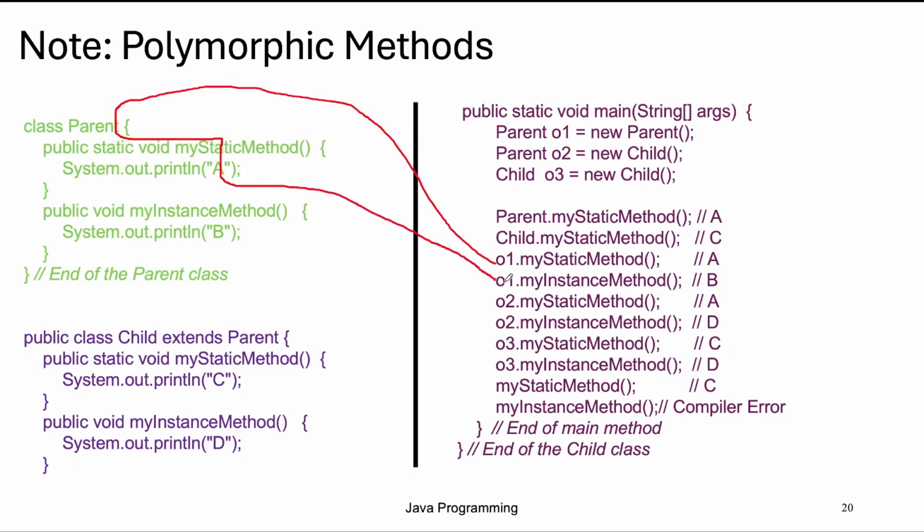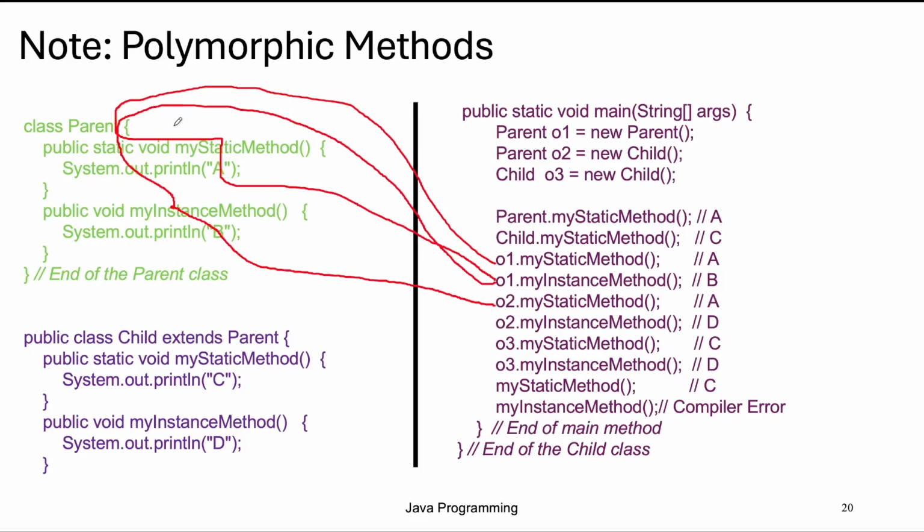Now it is object 1 dot my instance method. So you go into the parent, use my instance method, print B, and then come to the object 2.